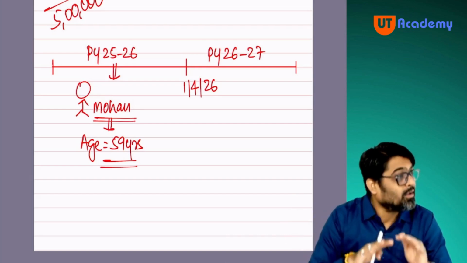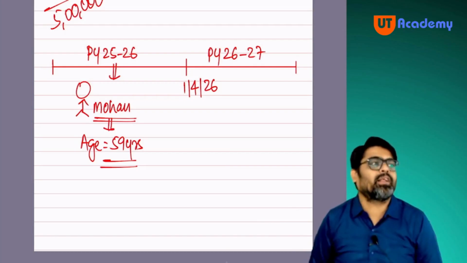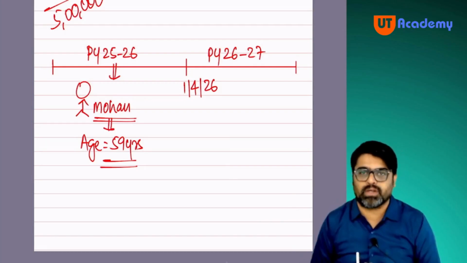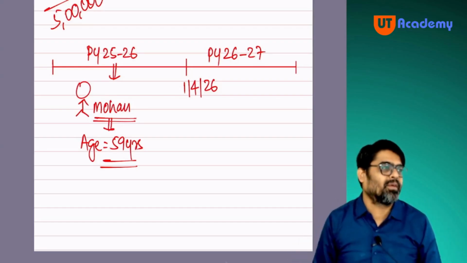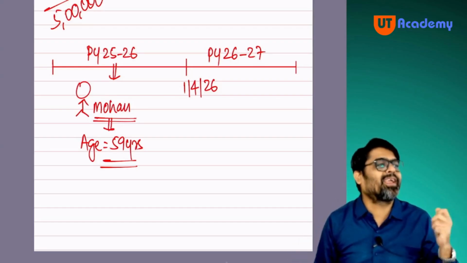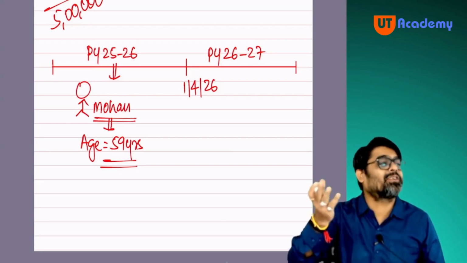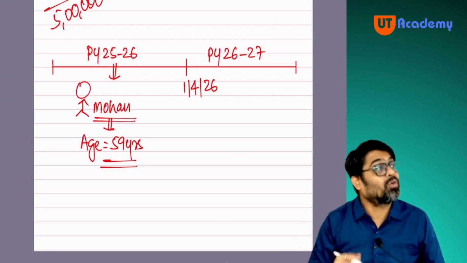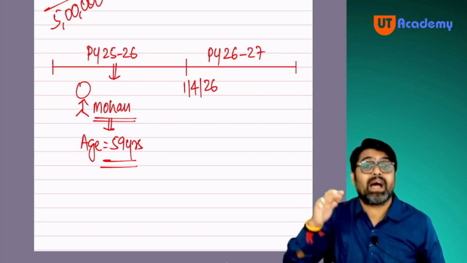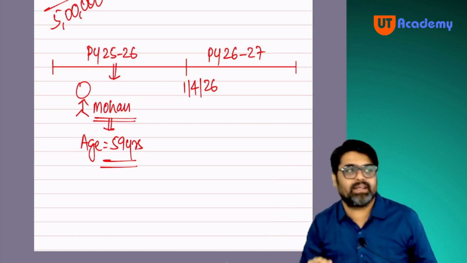Getting my point? So right now, there was a CBDT circular because there was a lot of confusion within the department only. Few department officers were thinking that, okay, he's celebrating his 60th birthday on 1st April next year, so we will give him the higher basic exemption limit from next year.